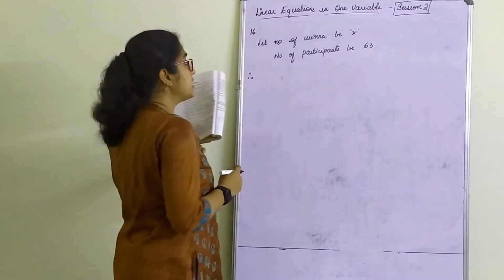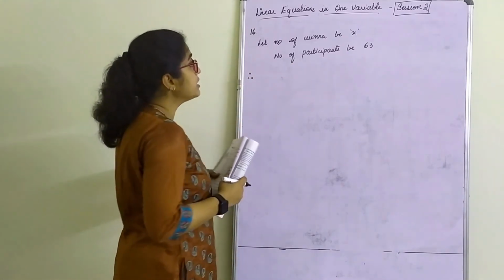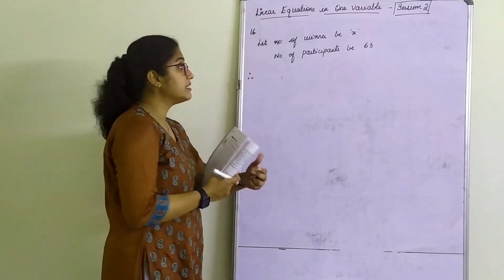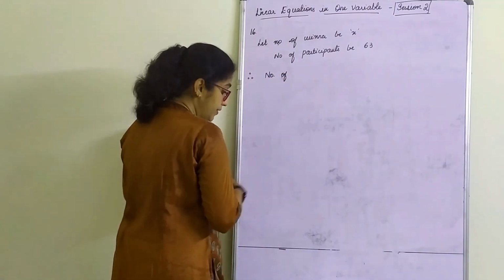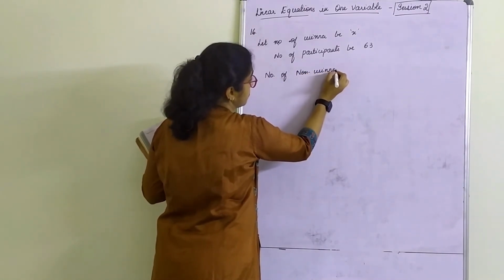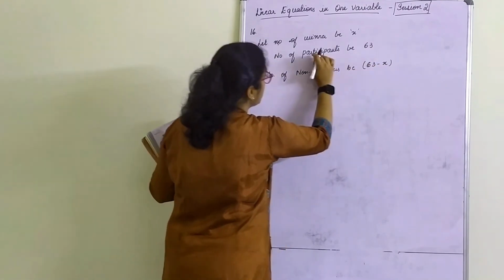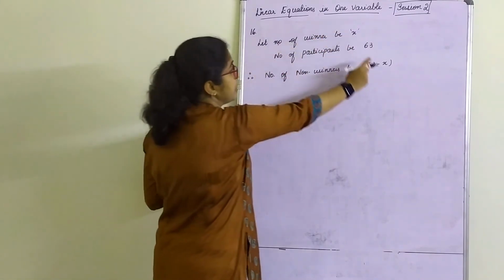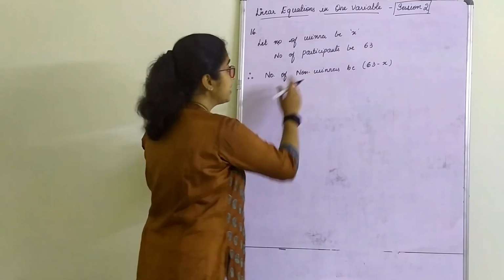If the number of winners is x and the number of participants is 63, the ones who have not won, we can call them non-winners, will be 63 minus x, because if you subtract the number of winners x from the number of participants 63, we get the number of non-winners. Keep this as it is.